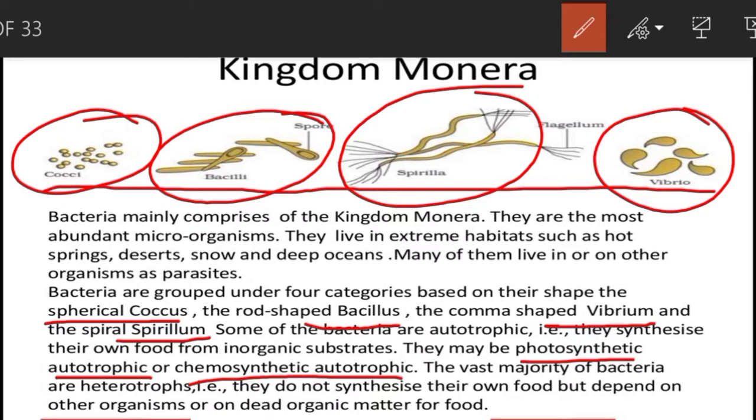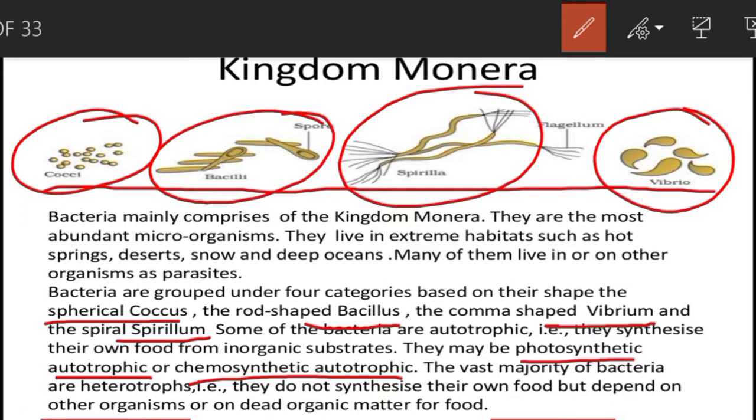Bacteria are responsible for various plant diseases like citrus canker in lemon leaves and fruits, soft rot in carrot plants, blight disease in rice plants, crown gall disease in apple trees and rose plants. In animals like horse, cattle, and sheep, anthrax disease is caused by Bacillus anthracis, which is a bacterium.